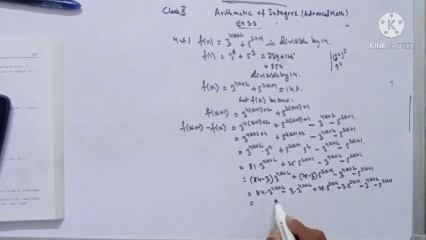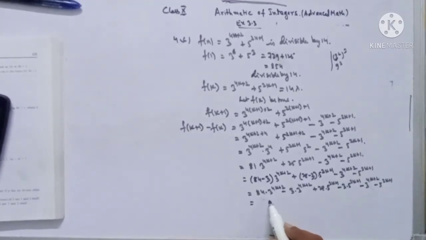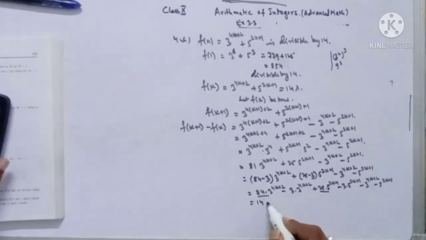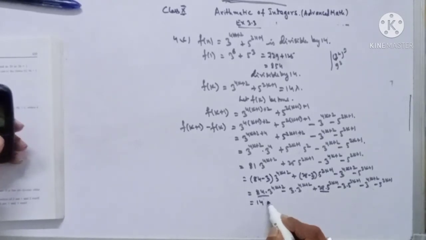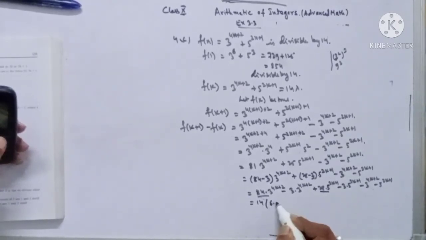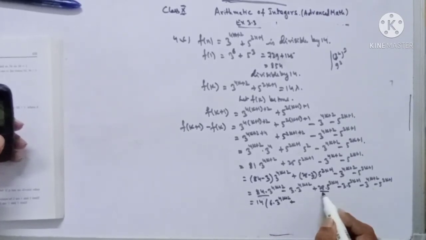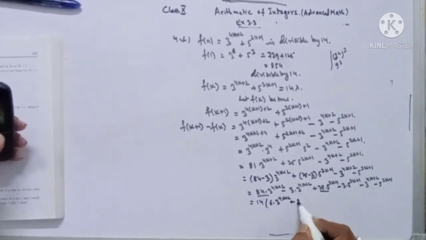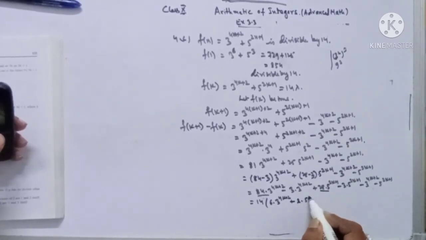So in this part, 14 is common. 14 sixes are 84, so this will be 6 into 3 to the power of 4k plus 2, plus 14 twos are 28, 2 into 5 to the power of 2k plus 1.